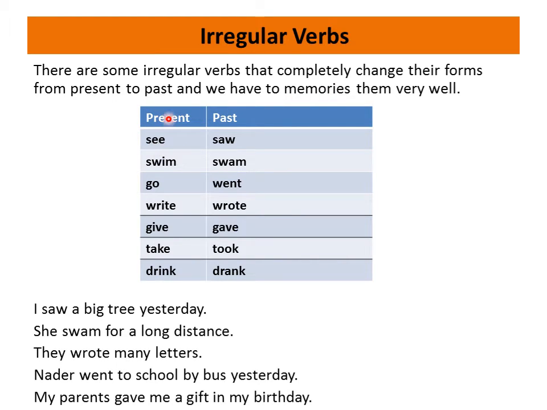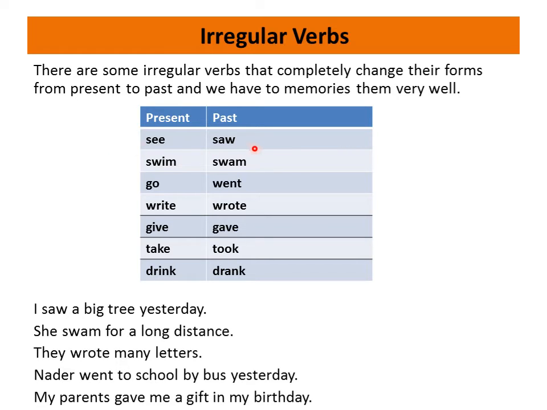So see, in the present and in the past, we change it: see, saw; swim, swam; go, went; write, wrote; give, gave; take, took; drink, drank. With these verbs I can't add ed. See, saw. Completely changed.